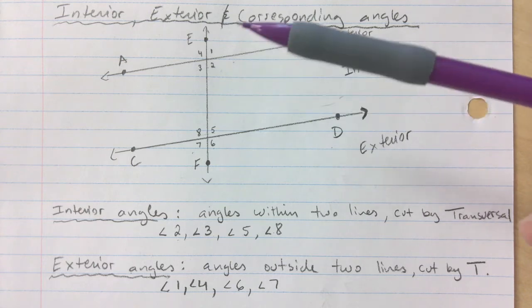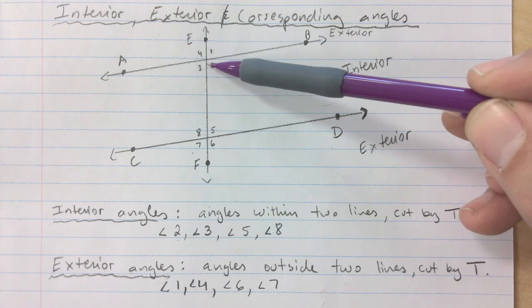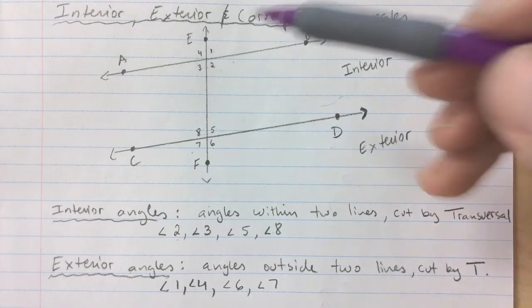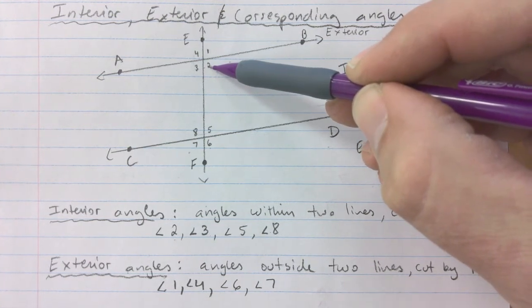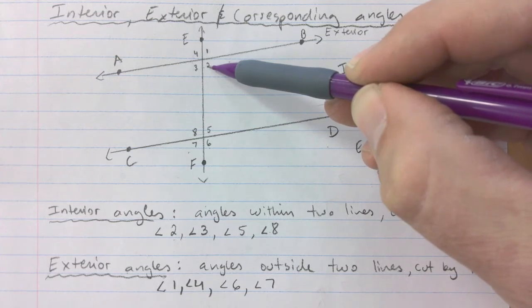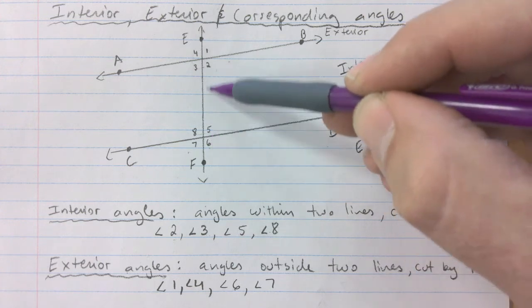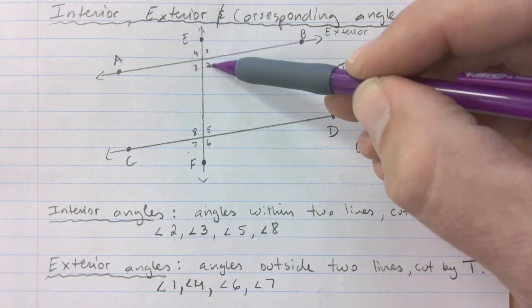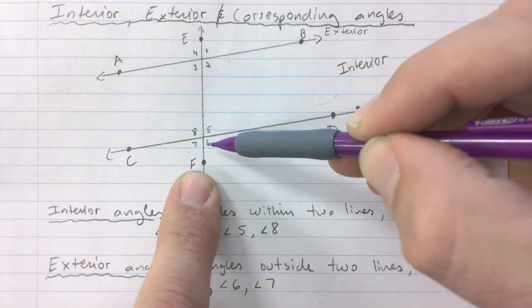So it cannot be any of these guys here, because adjacent basically means also touching or next to. So it has to be one interior and one exterior that is non-adjacent on the same side of the transversal. So if all you can pick from is this side, it has to be on the same side of the transversal, and it cannot be touching, then this one would have to go with 6.